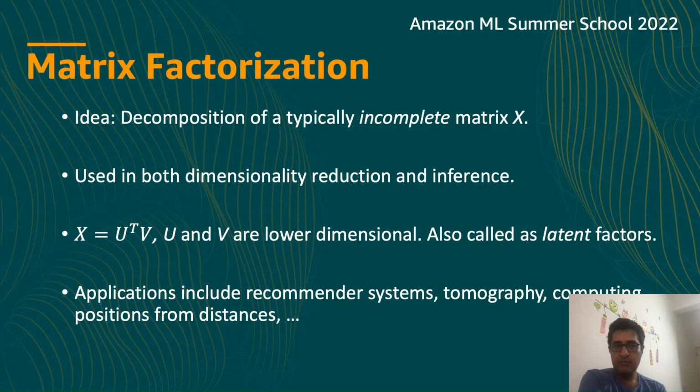Now the user-movie matrix is never complete. If someone has not watched the latest Doctor Strange movie, Multiverse of Madness, that's incomplete information that you have. You cannot assume whether they would have liked it or not. It's just pure missing information, right?